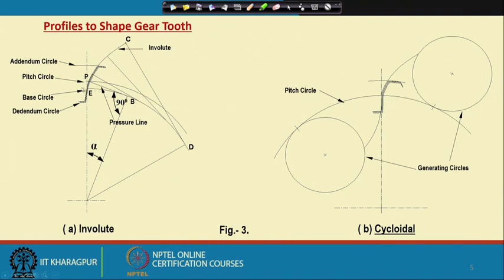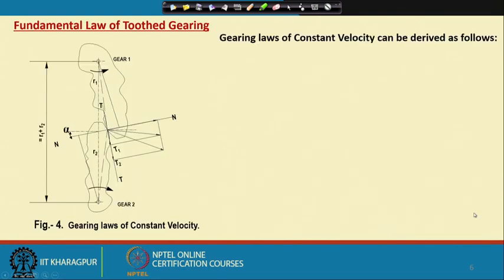In case of involute teeth, this is called the base circle, the basic drum on which this involute has been generated. And this is epicycloid and this is hypocycloid. So, I have shown only two profiles, involute and cycloidal. As I told, other profiles are there, but we will consider only the involute profile.